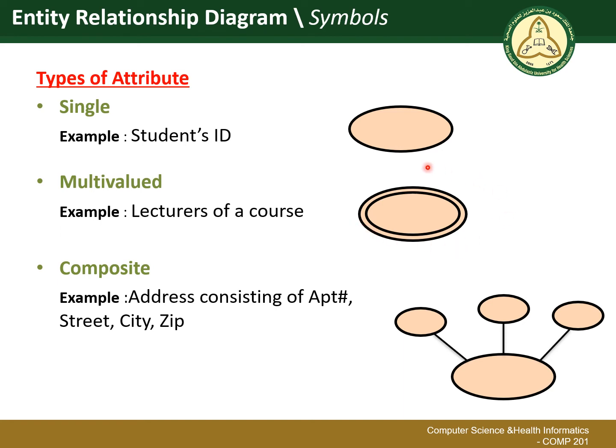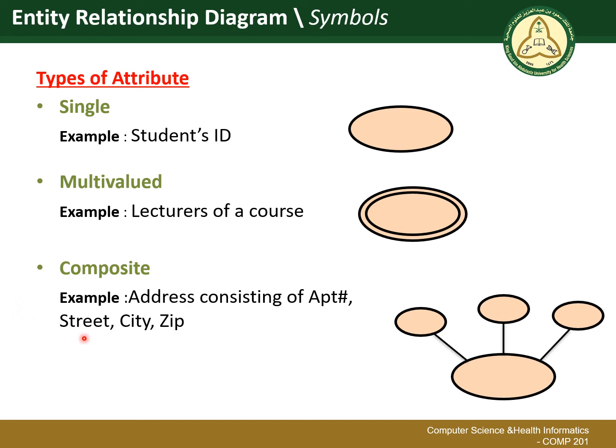We represent it with the double or duplicated oval shape, and the composite attribute, which is made up of more than one simple attributes.